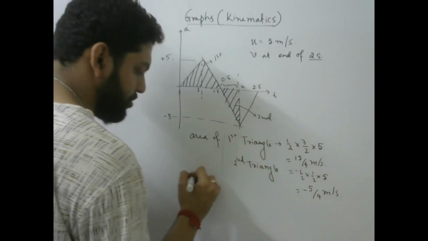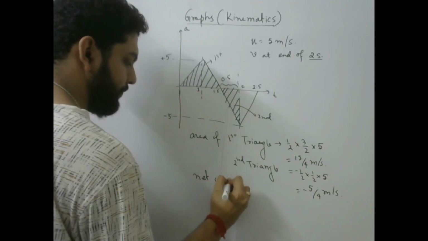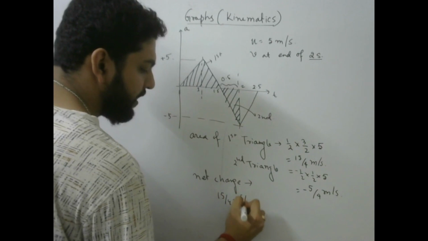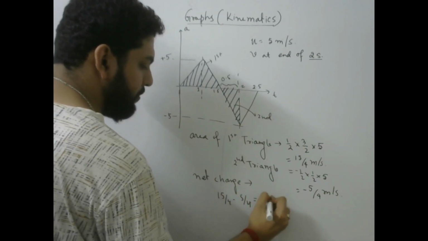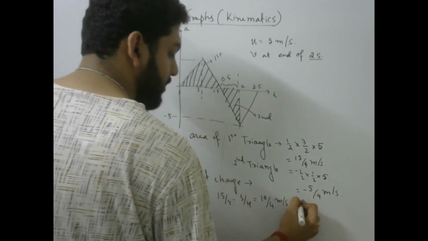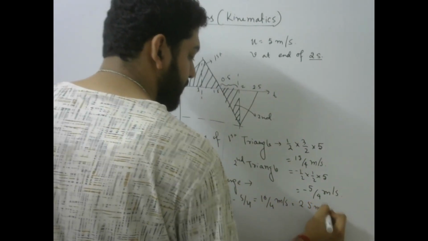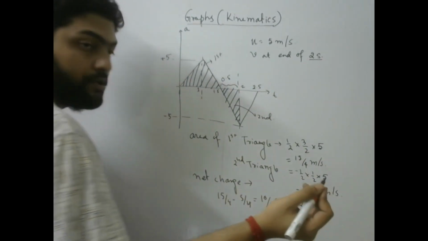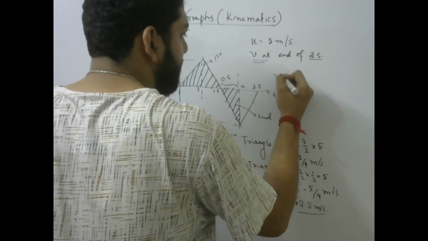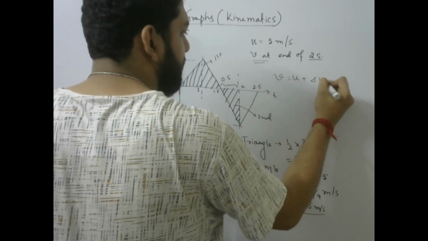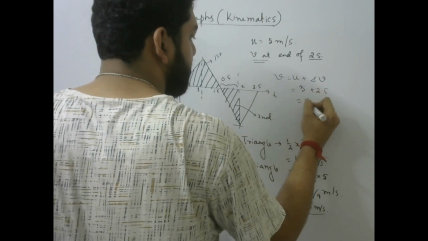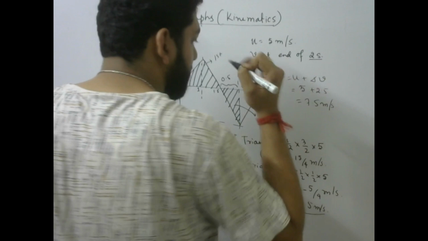So the net change is 15 by 4 minus 5 by 4, that is 10 by 4, which is 2.5 meters per second, and that is positive. So the final velocity at the end of 2 seconds, v equals u plus delta v, that is 5 plus 2.5, that is 7.5 meters per second.